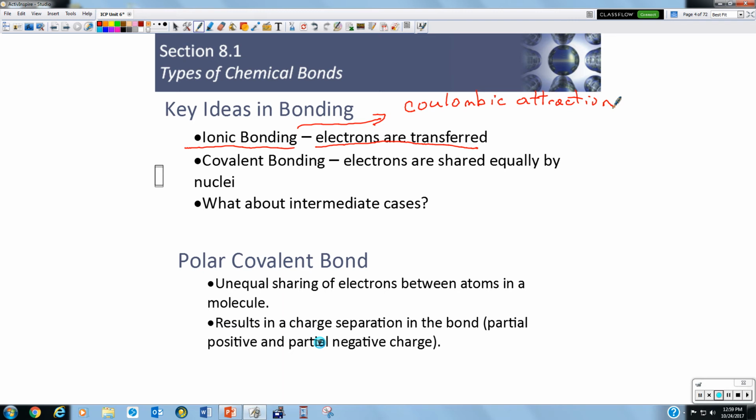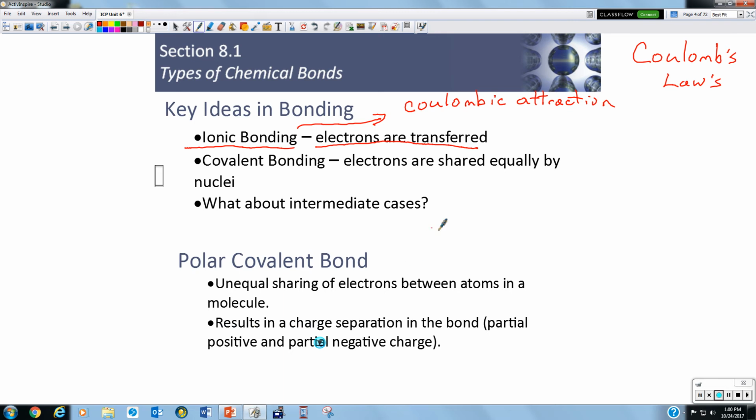It has to do with Coulomb's law, and we are going to talk more about this later. They will throw this in place of saying an ionic bond, so you will see this term used instead of ionic bond.